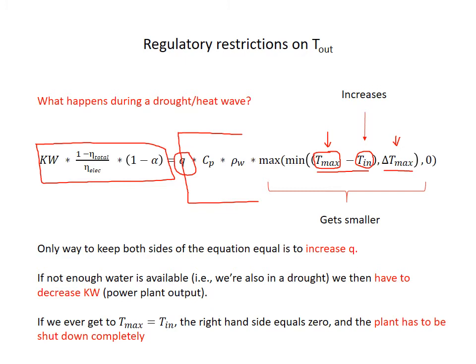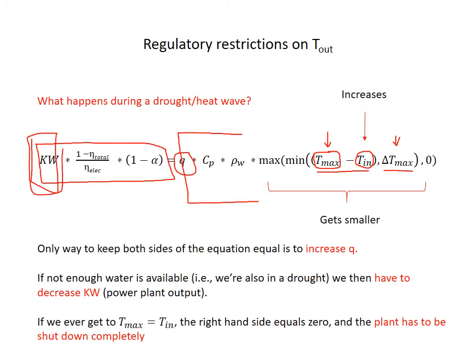So remember, you're in a drought. So if you're in a drought and the only way you can keep your plant absorbing enough water is to suck in more and more water, then you may run up into a limit of that, right? And so at some point you may have to decrease. The only option to keep both sides of this equation equal is to decrease this number, right?